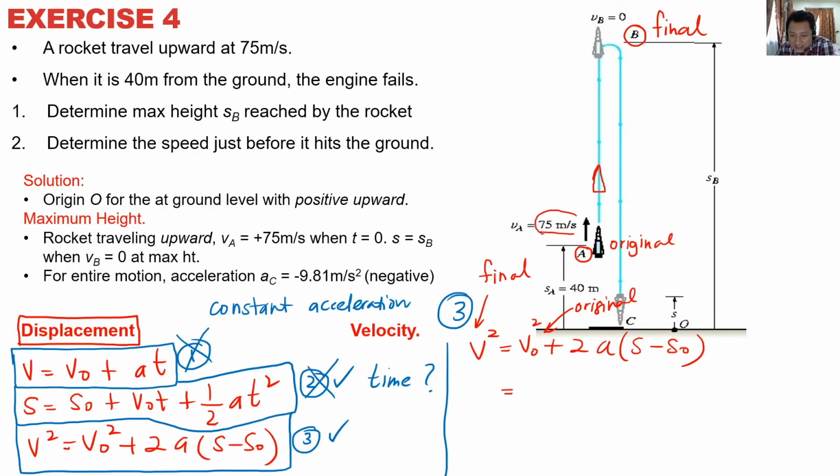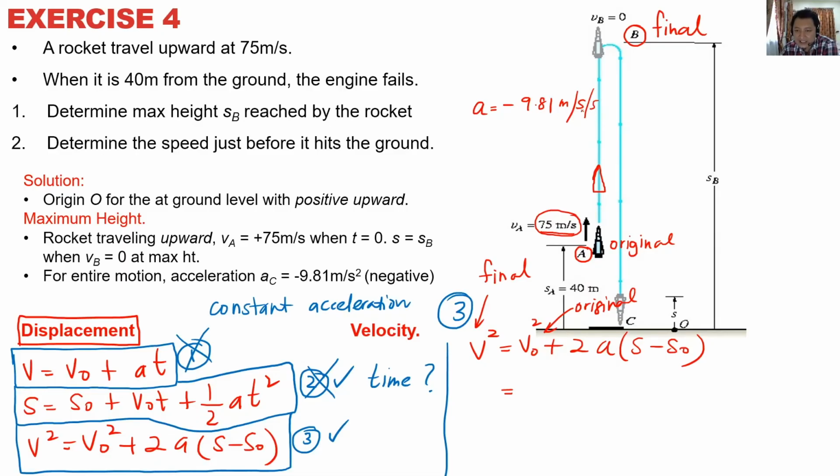Original velocity is 75 meters per second. Since it is going up, it is also slowing down due to gravitational acceleration, or something called deceleration, negative 9.81 meters per second every second.